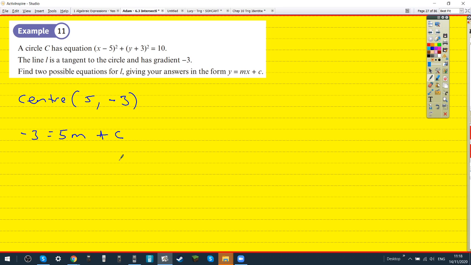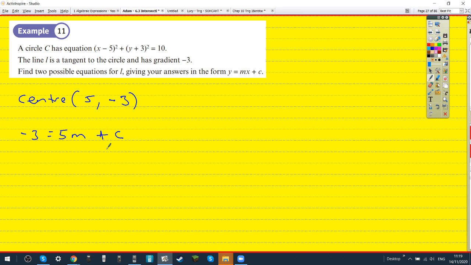Okay, what's next? Could you work it out now? Let's see how we can, because we don't have a second coordinate. The line L is a tangent to the circle, and it has a gradient of -3.